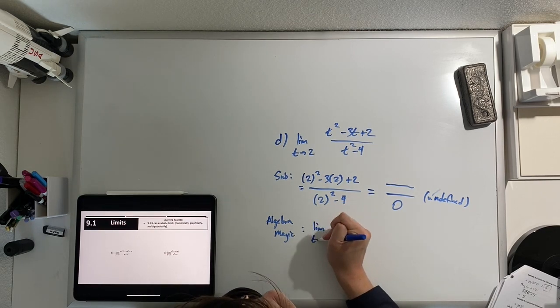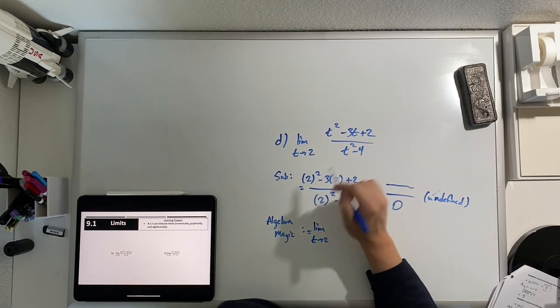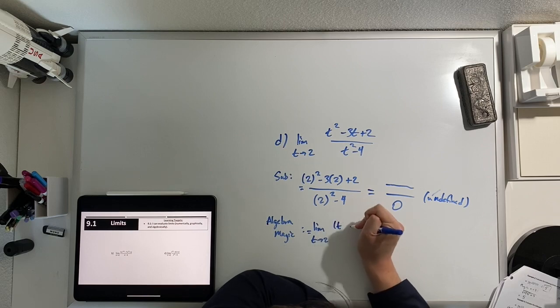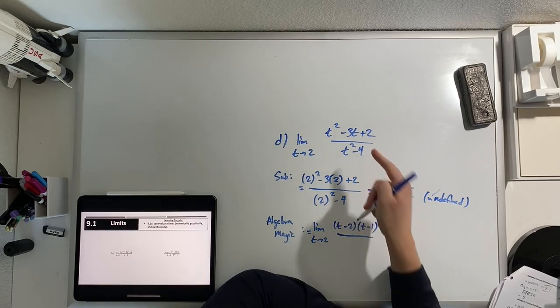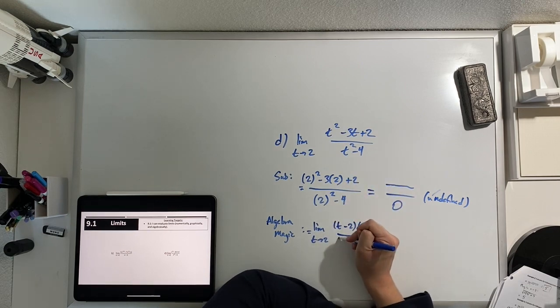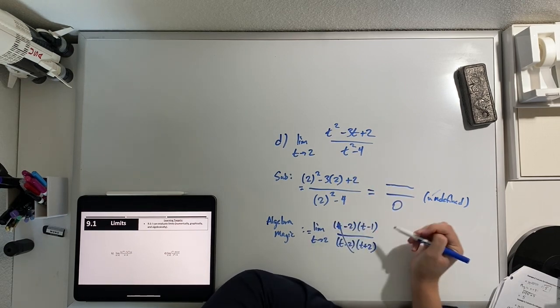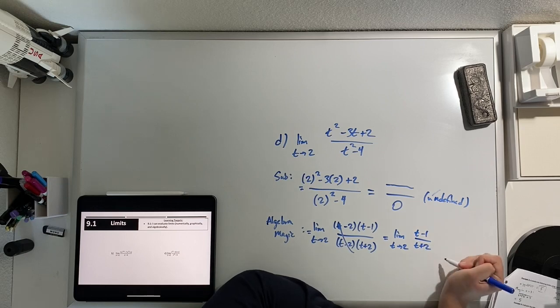So this is the limit as t approaches 2 of, what can we do with this expression? We can factor the numerator, so it's going to be t minus 2 times t minus 1. And we can factor the denominator. This is the difference of squares. So t minus 2, t plus 2. That cancels. We have the limit as t approaches 2 of t minus 1 over t plus 2.